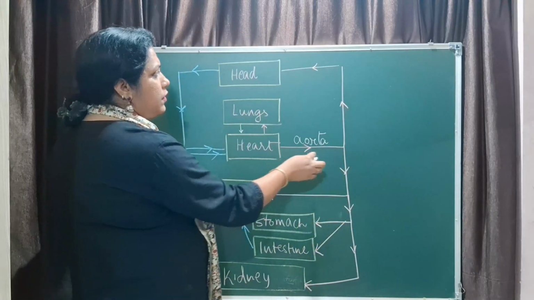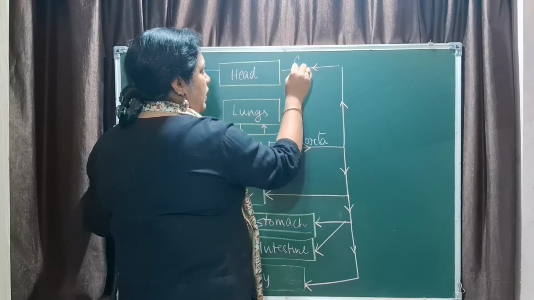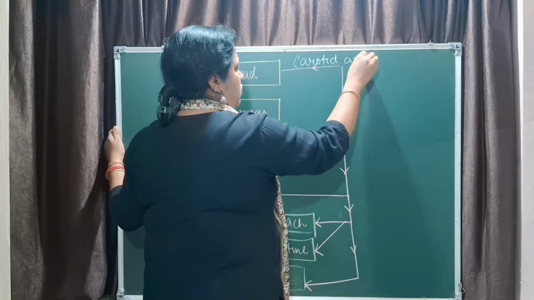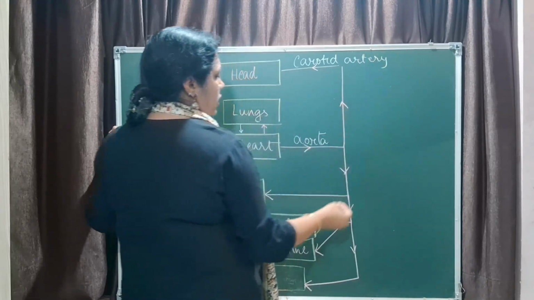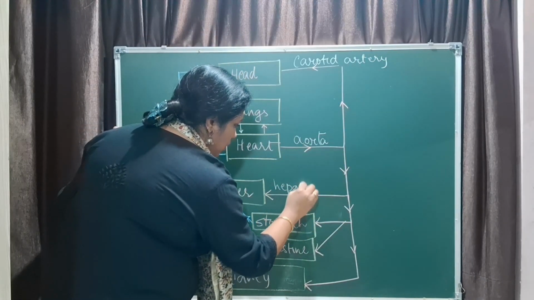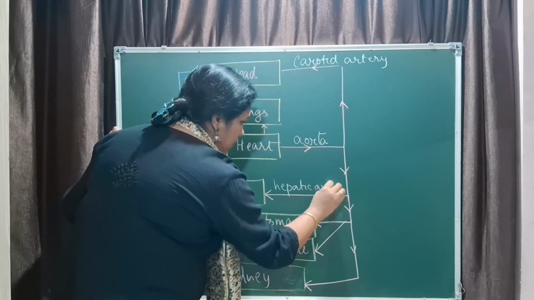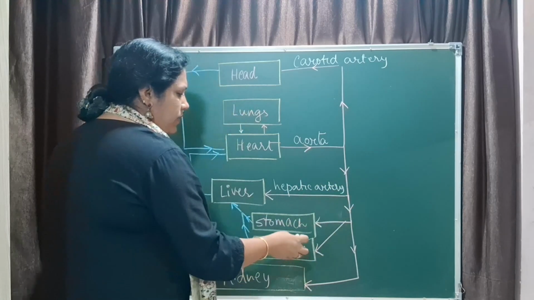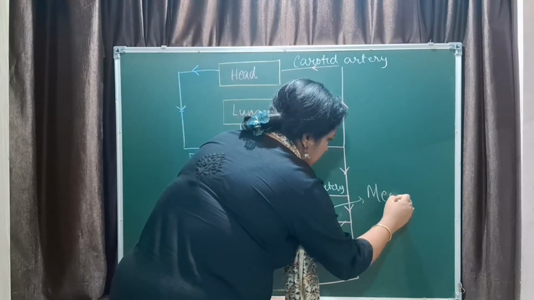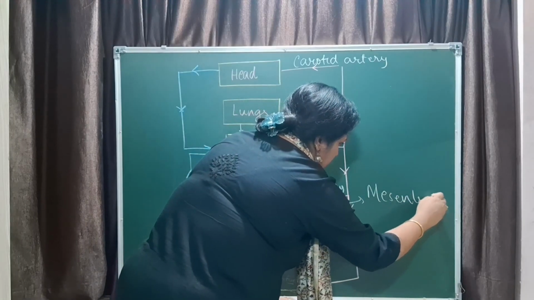The blood vessel which goes to the head or the brain is the carotid artery. Then the blood vessel which comes to the liver is called the hepatic artery. The blood vessel which comes to the stomach and the intestine is called the mesenteric artery.